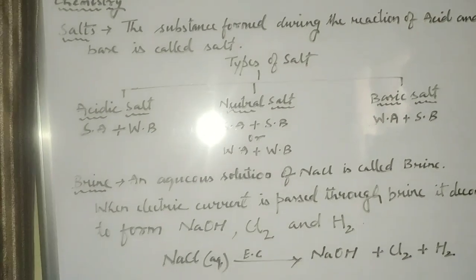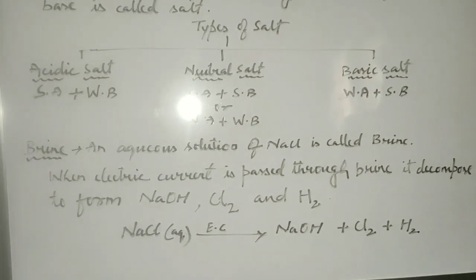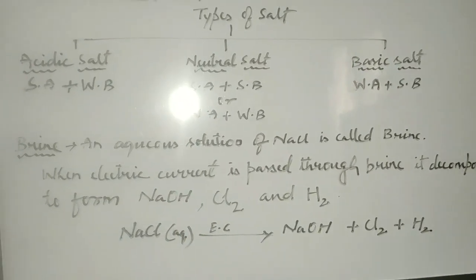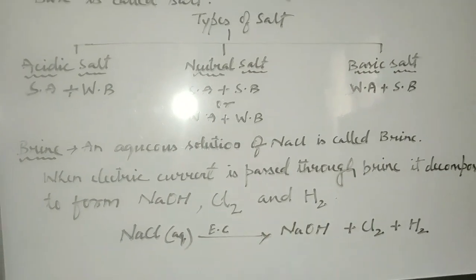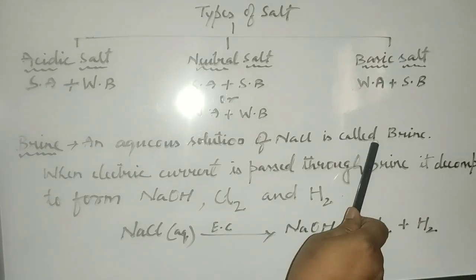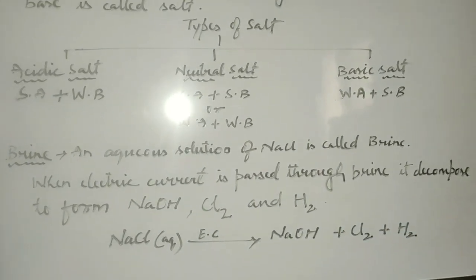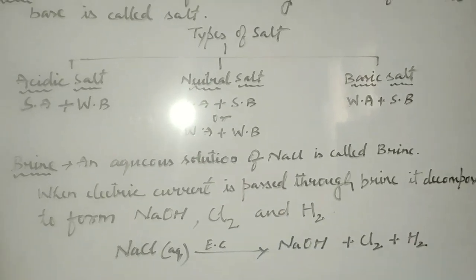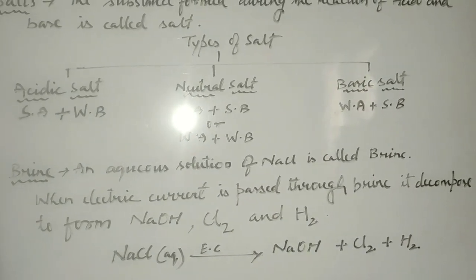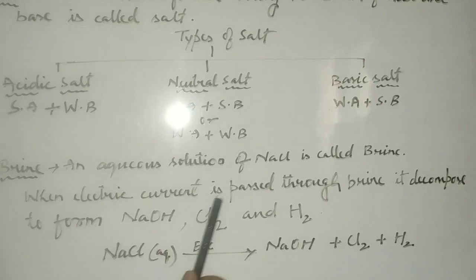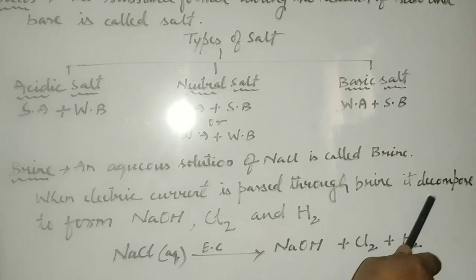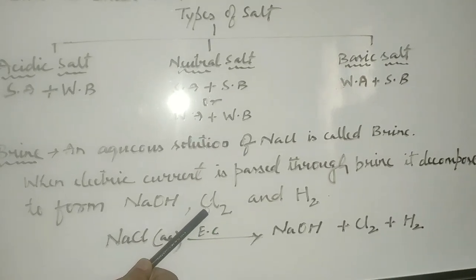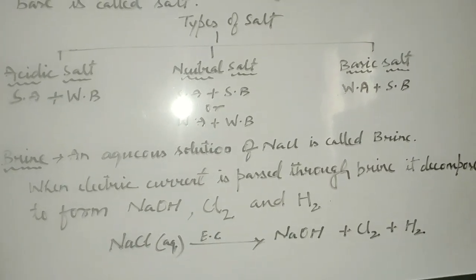Now, we move on to the brine. An aqueous solution of NaCl, that is sodium chloride, a salt, is called brine. That means a simple solution of sodium chloride, salt, in water is called brine. When electric current is passed through brine, it decomposes to form NaOH, chlorine gas, hydrogen gas.